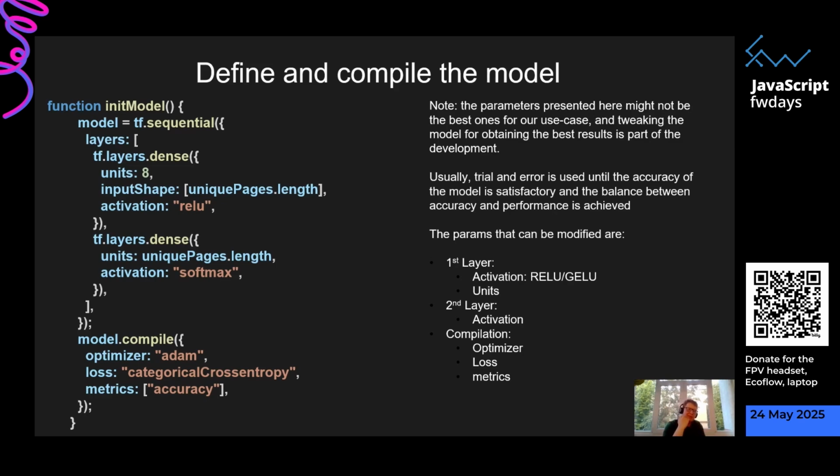So first of all, I'm going to add a dense layer with 8 units. And the input shape is the shape of the array that I'm sending. And it has an activation function. The activation function: relu, gelu, softmax, whatever. There are a lot of them, and you can search online about them. It's the function that will tell each neuron in the network, hey, listen up, it's your turn, give me the result.